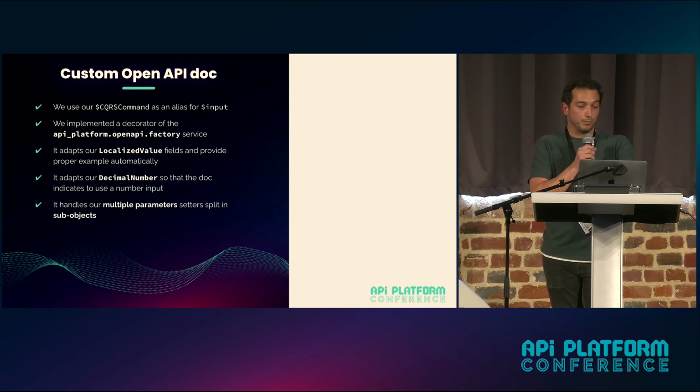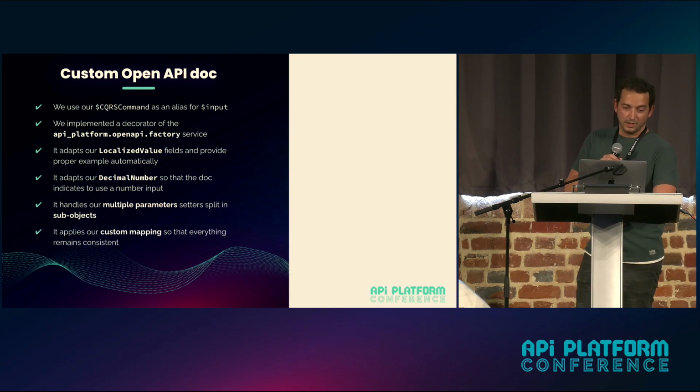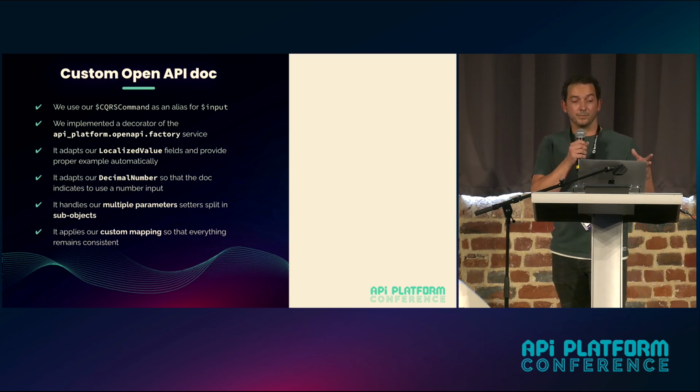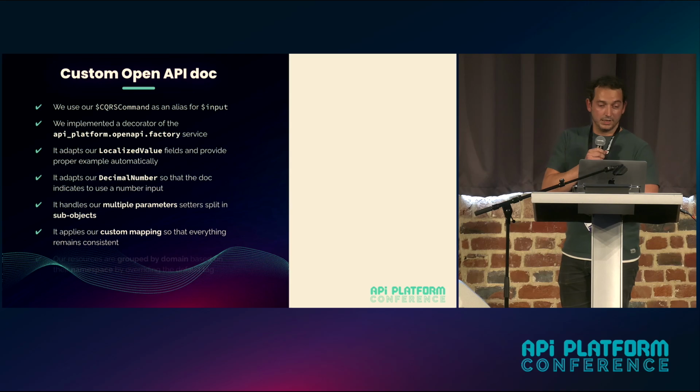And it handles the multi-parameter setters that I explained earlier and displays them in a sub-object. And the custom mapping also needs to be applied, because if we don't, it will use the mapping from the CQRS object, which is not good. We always want the API resource naming to be the base of it all.